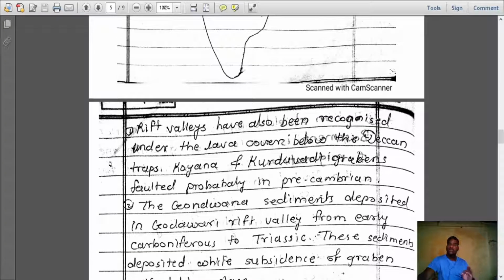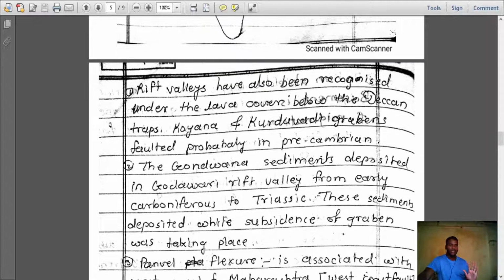Rift valleys have also been recognized under the lava cover below the Deccan Trap, the Koyna and Kurduwadi rifts, faulted probably in Precambrian. The Gondwana sediment was deposited in the Godavari Rift Valley from early Carboniferous to Triassic.